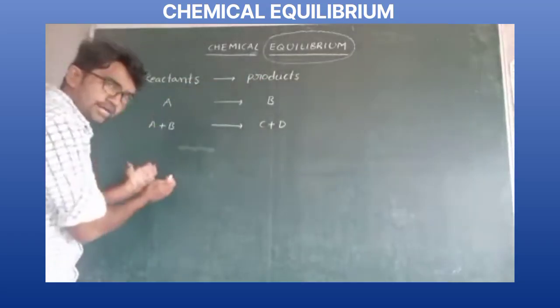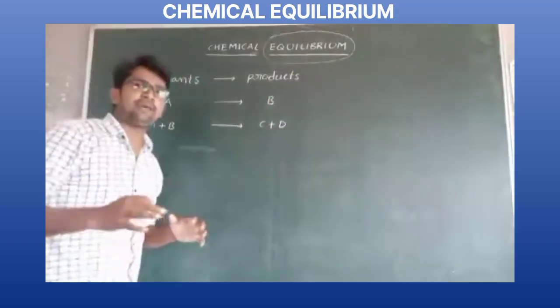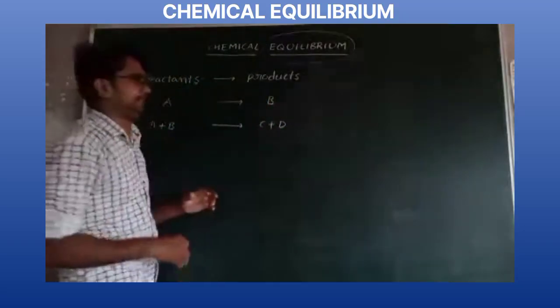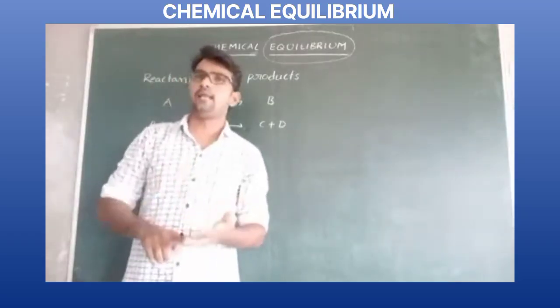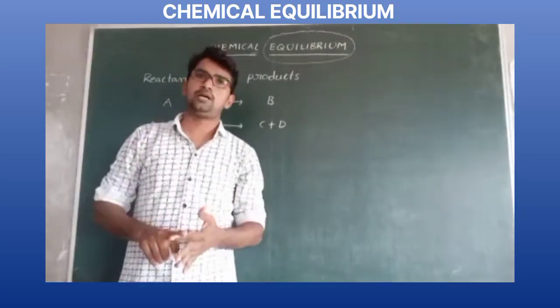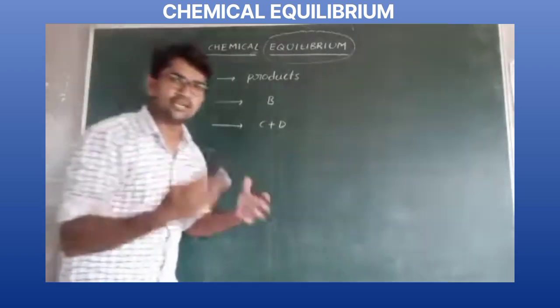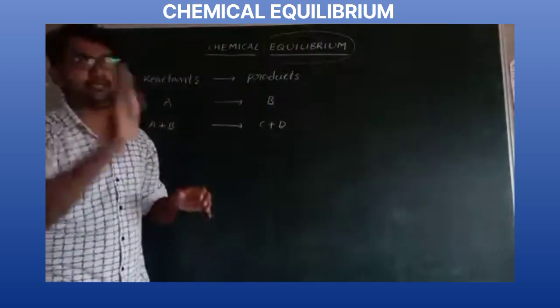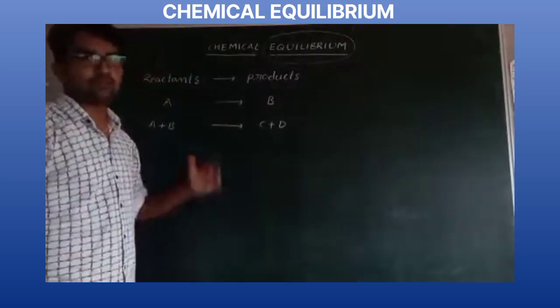Simple example: for preparing an egg curry, we use a number of ingredients like eggs, oil, onion, tomato, chili. These are all used as reactants, but they give only one product, that is egg curry. So reactants give product.